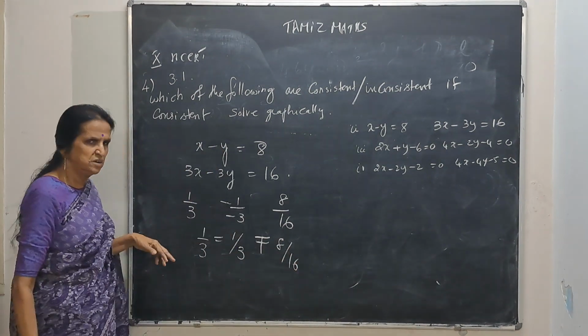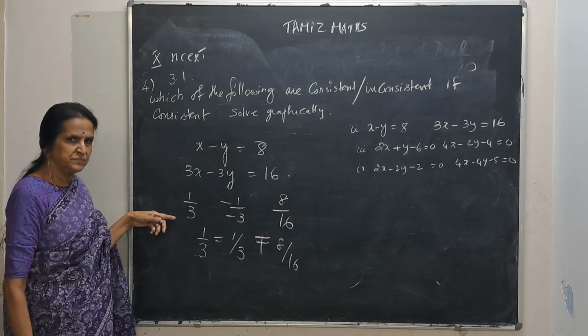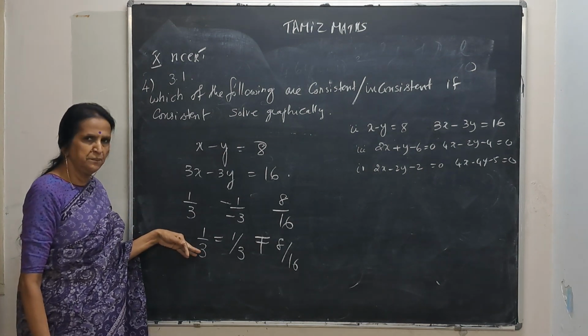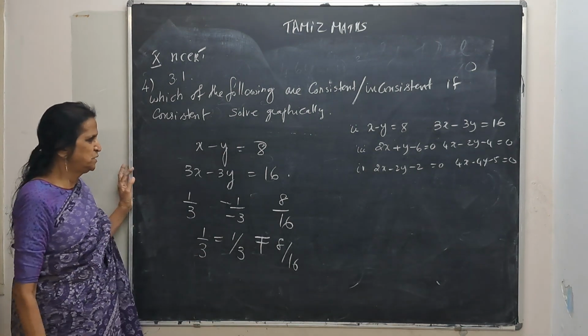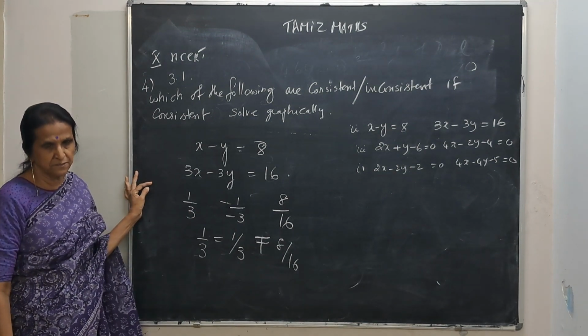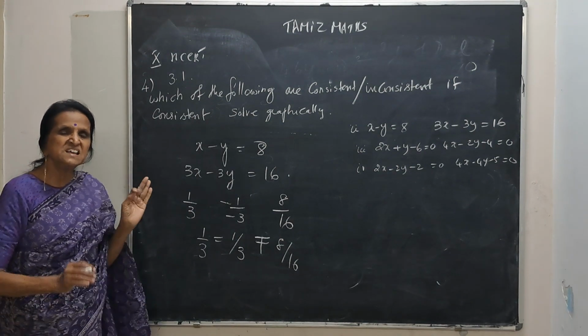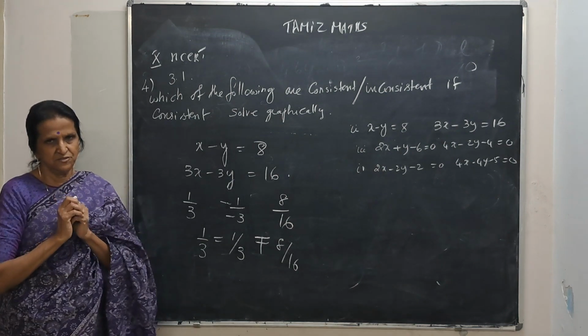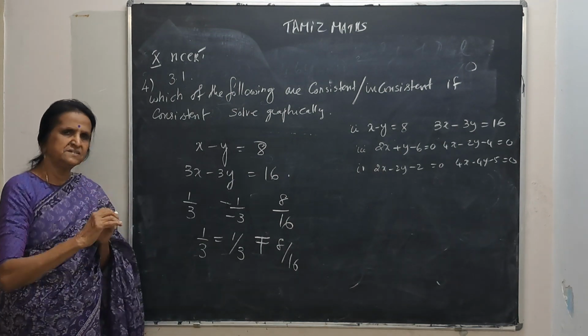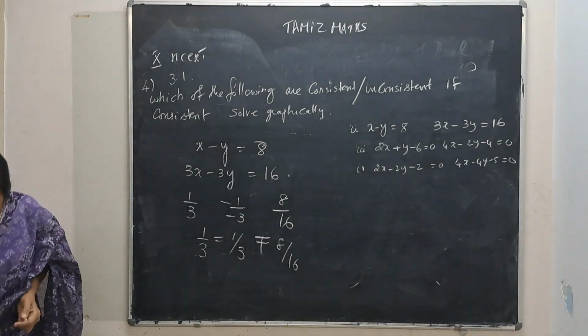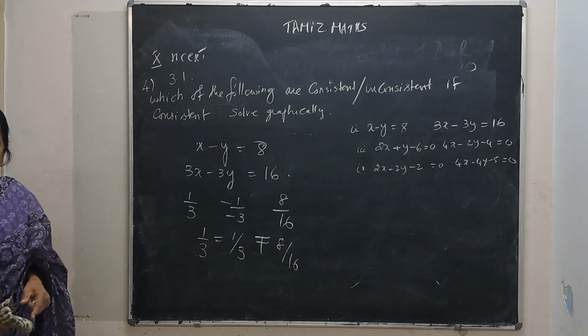That means they will be parallel lines. So it is inconsistent. If you draw the graph, it will be parallel. It is inconsistent. Okay? That is problem 2.